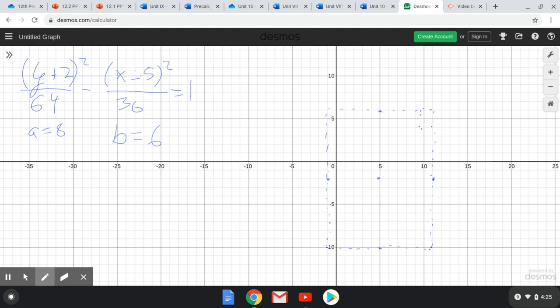If you want to figure out your slope first and help you graph it, make it straighter, that's fine. In this case, it would be a over b, because remember, a in this case is in the vertical direction, so 8 over 6 is going to be our slope. 8 over 6 is 4 over 3, so up 4 over 3.